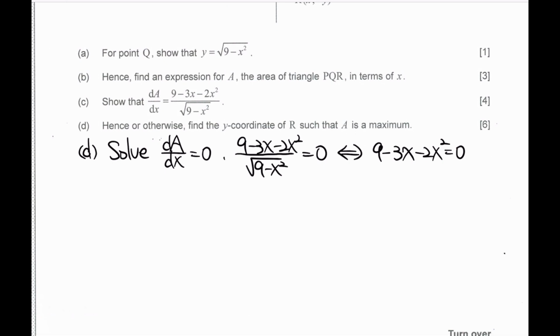Because we don't like the negative coefficient in front of x squared, we take a negative 1 out. So the equation becomes negative 1 times (2x squared plus 3x minus 9) is 0.